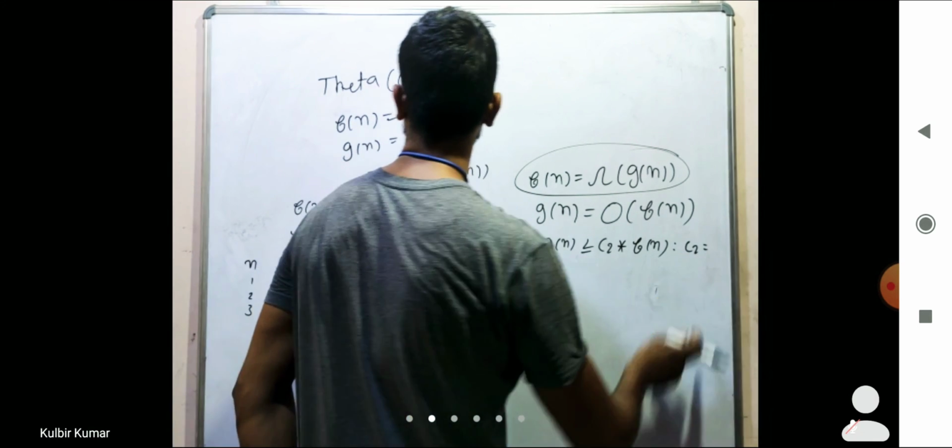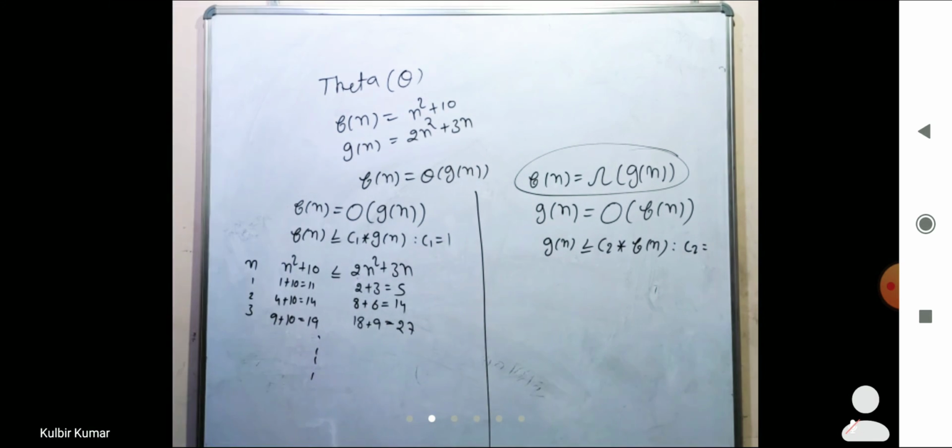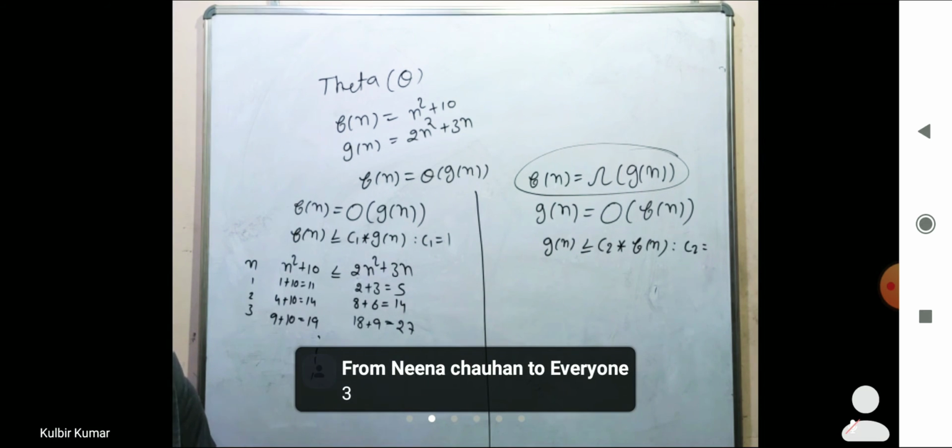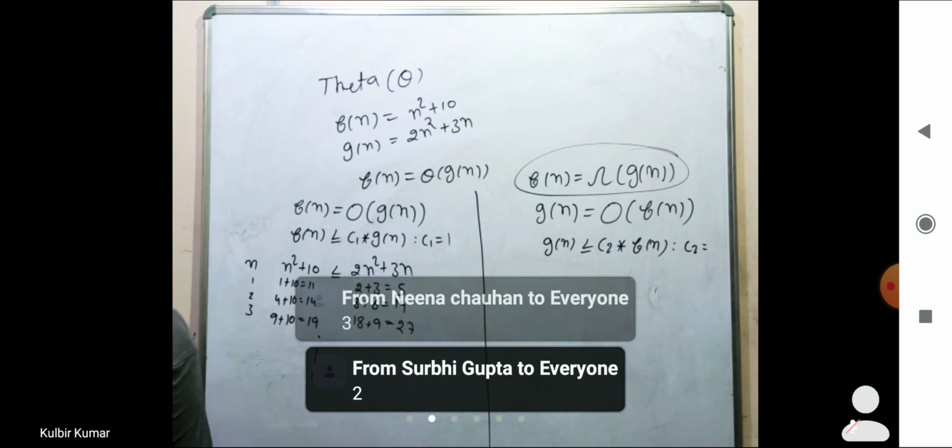And here what should I take value of C2? Give some rough idea. C2 की वैल्यू क्या लें? What value of C2 should I take? 3, 2.